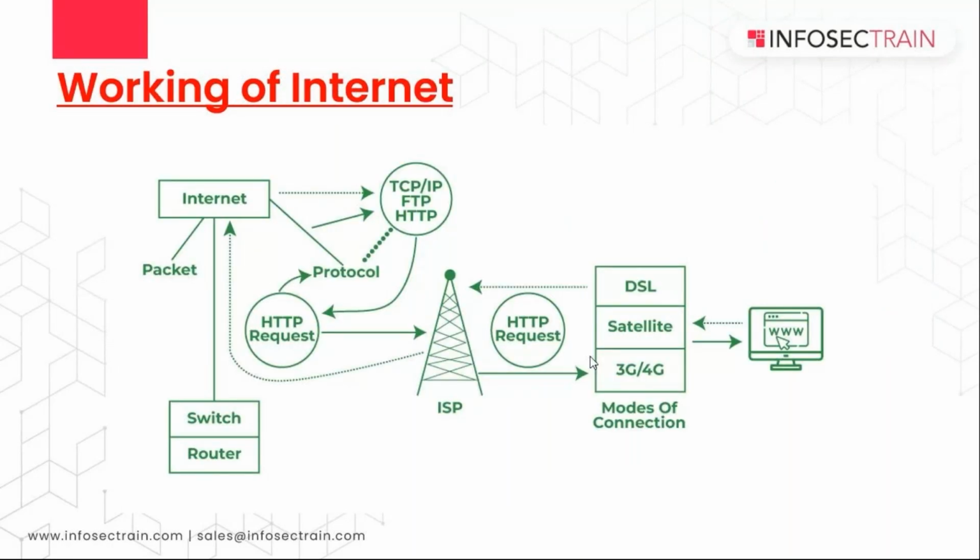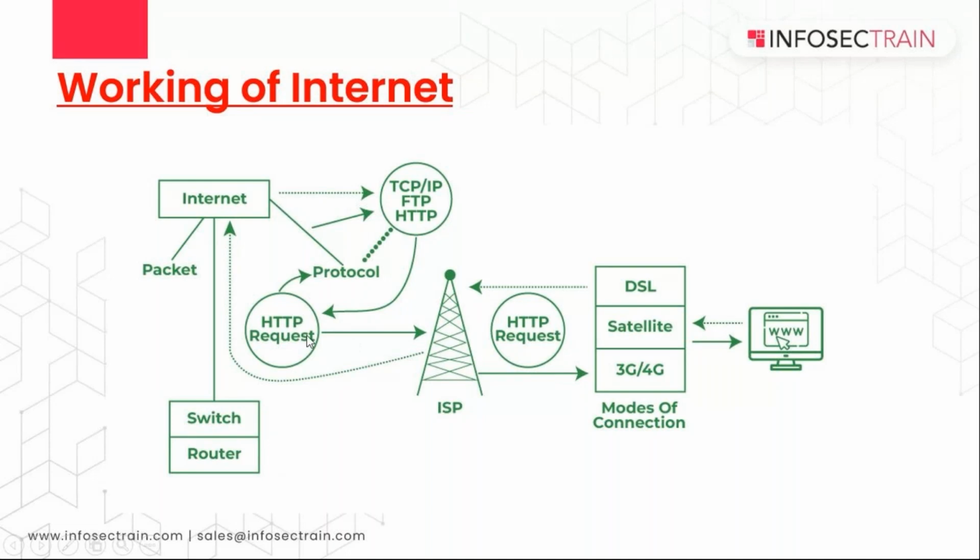Now, how does HTTP work on the internet? On the internet, you have different packets and protocols. So an HTTP request is sent, and there is a switch and router. You entered www, so it used either satellite or DSL or your mobile connection, and then that request went to your internet service provider.